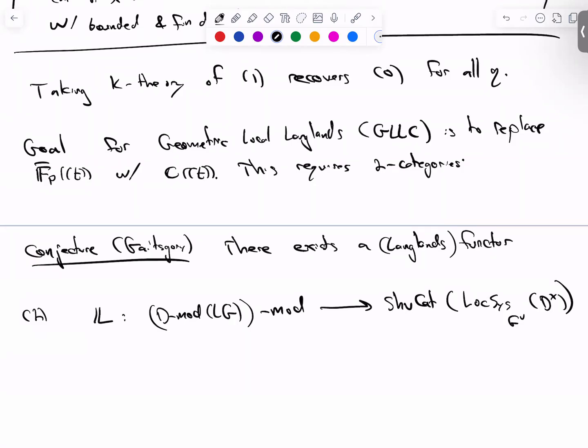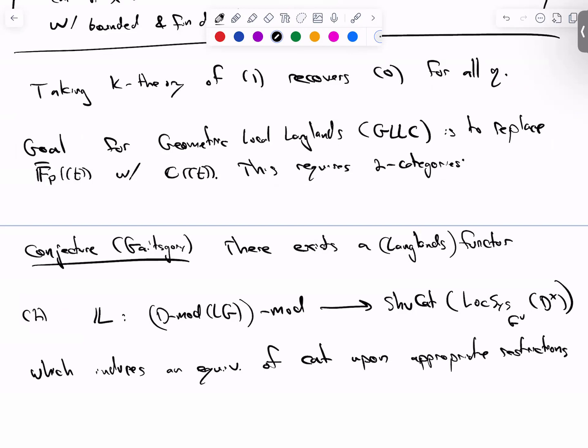And this functor is an equivalence of categories upon appropriate restrictions. I will not write them down. I'll only say them once.